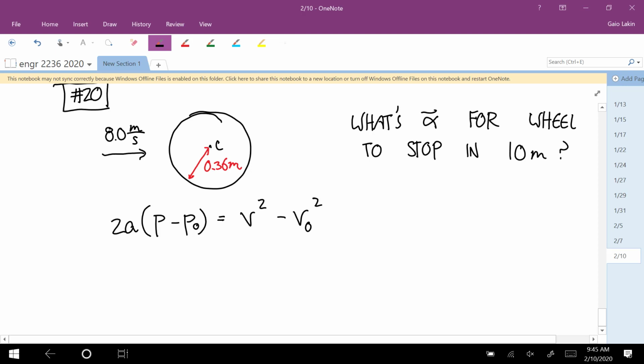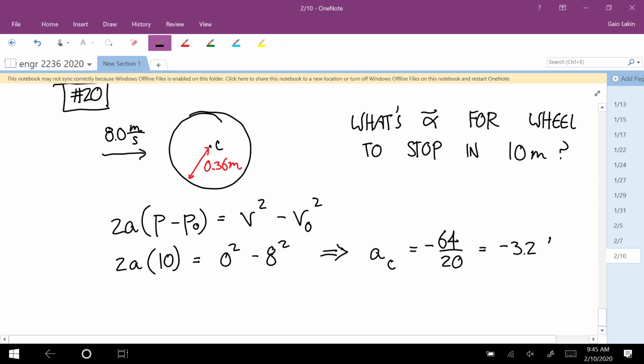We get 2a times 10 is equal to 0 squared minus 8 squared. And so the acceleration of the center is negative 64 divided by 20. So that is 3.2 meters per second squared.